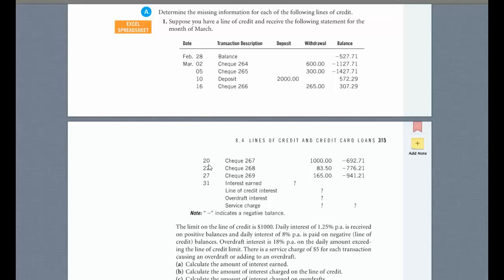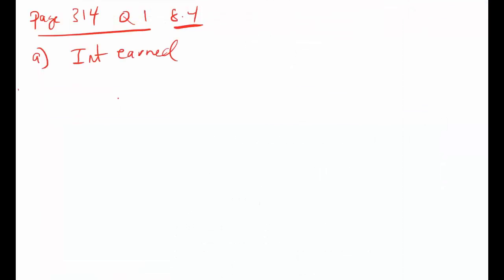On the 20th you wrote a check for $1,000, which brings you below zero again. So on March 10th to March 19th, we have positive balances.